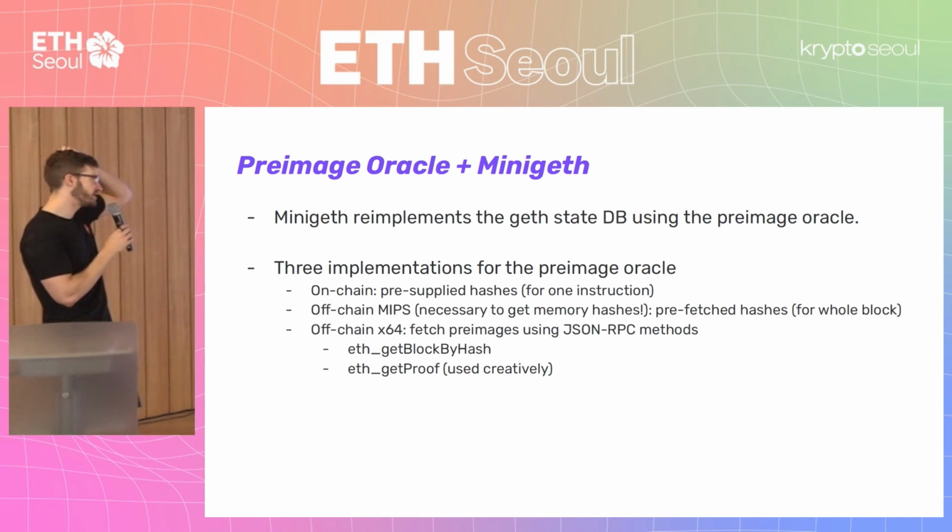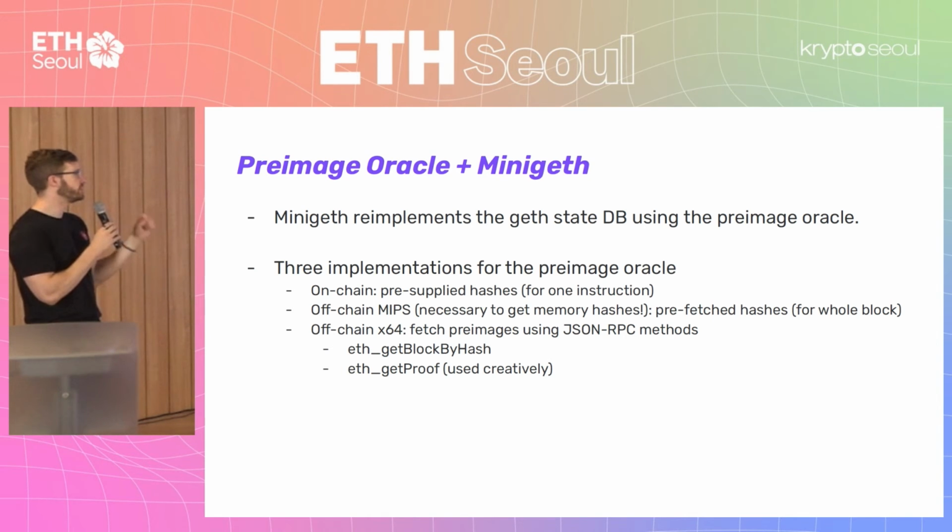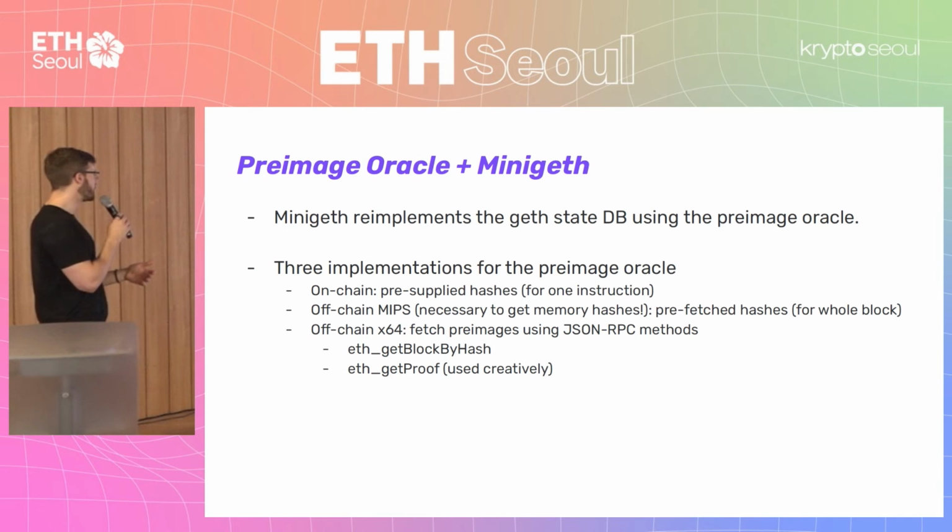So the preimage oracle is similar: we already know the hashes in advance, and so we just read from a hash to preimage mapping. But then we also need to run minigeth in the normal instruction set, whatever runs on your laptop or server. And for those, we need to get the preimages, and we use the JSON RPC methods that online nodes expose.